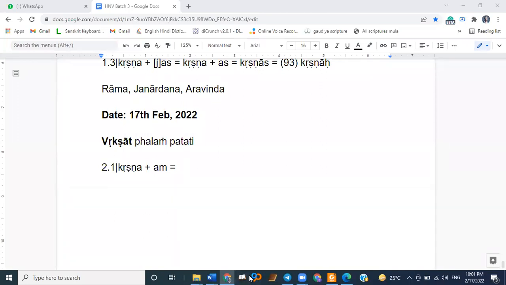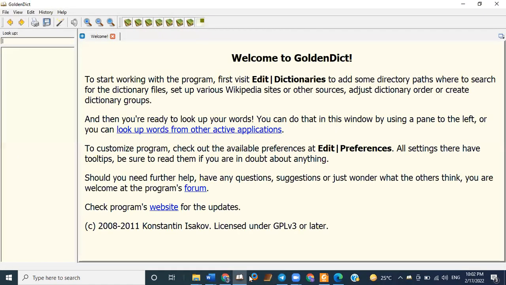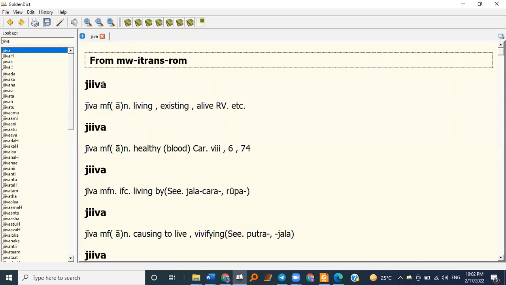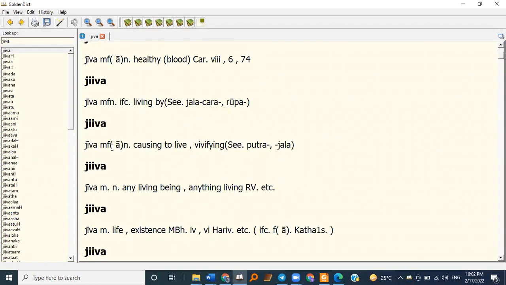No, but the living entity fell from Vaikuntha. So the living entity is the subject there, not the object. Phalam is neuter, that's why it's phalam. See, jiva is masculine, I believe. Right. It should be Prathama, subject, because who is falling? Jiva is falling.